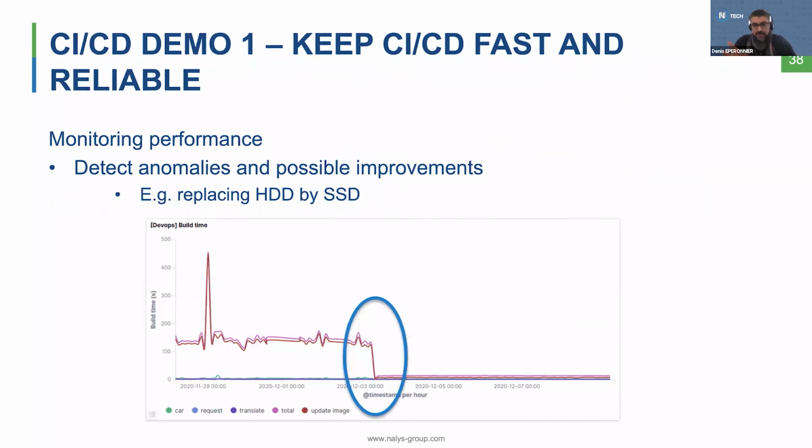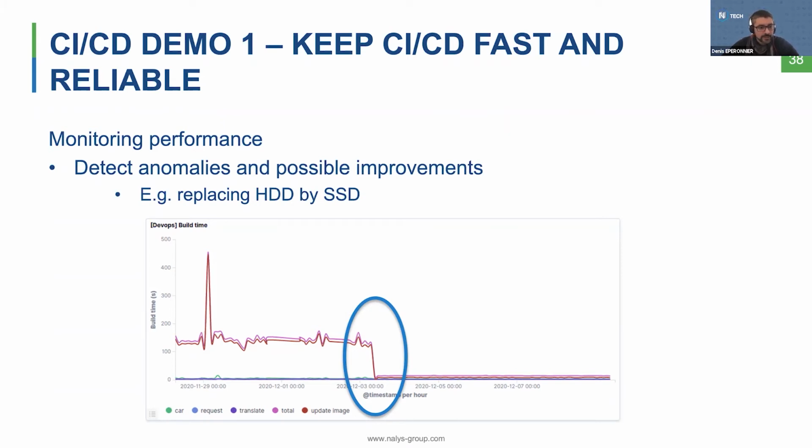And speaking about a fast and reliable pipeline, it is also a good practice to keep an eye on that and to keep it fast and reliable. To do so, one needs to monitor the performance. In this case, we monitor the build time. At the beginning it works, no problem, some spikes, but we realize that it's actually not that fast compared to, for example, local builds.